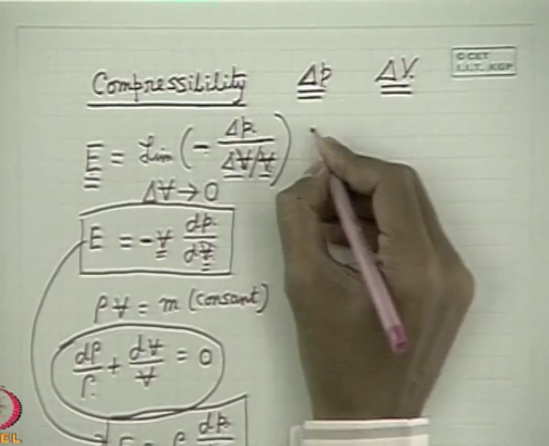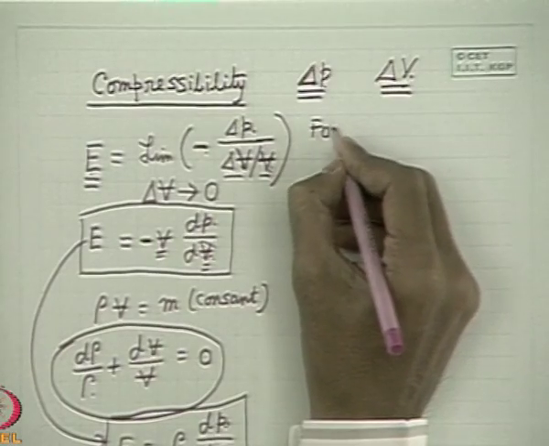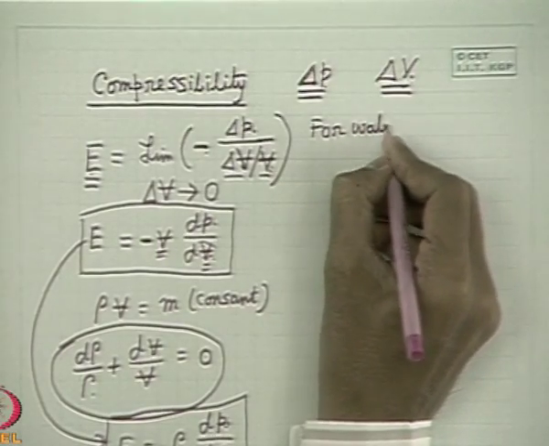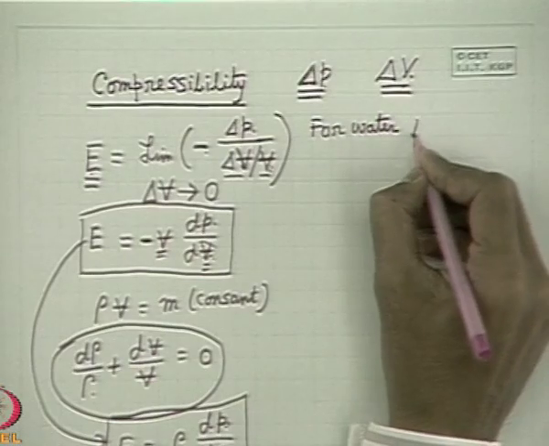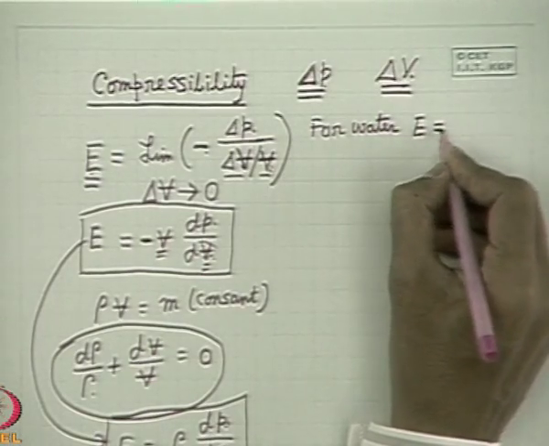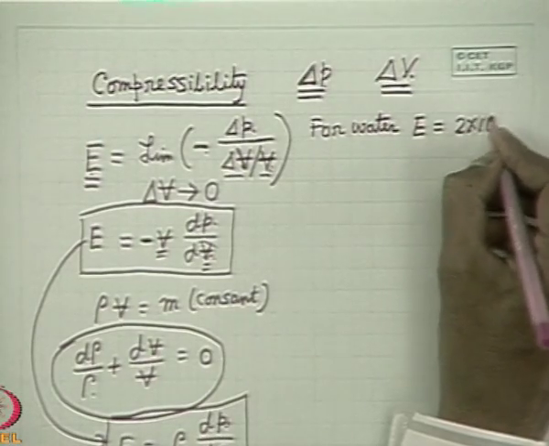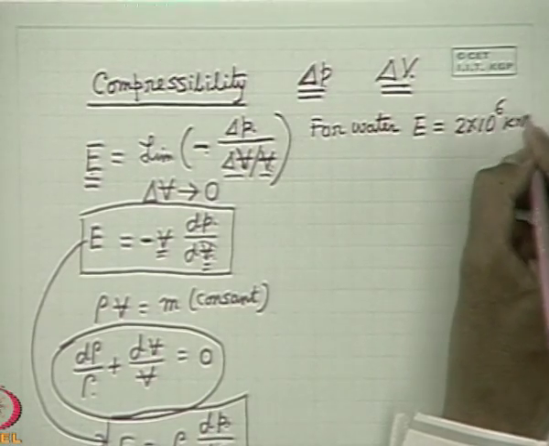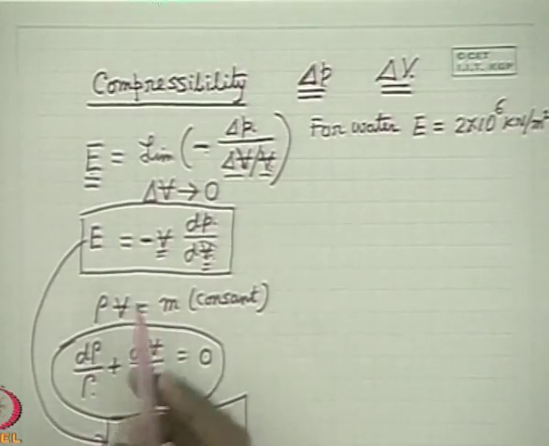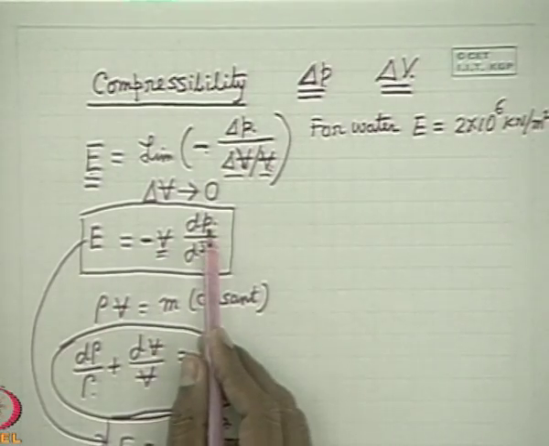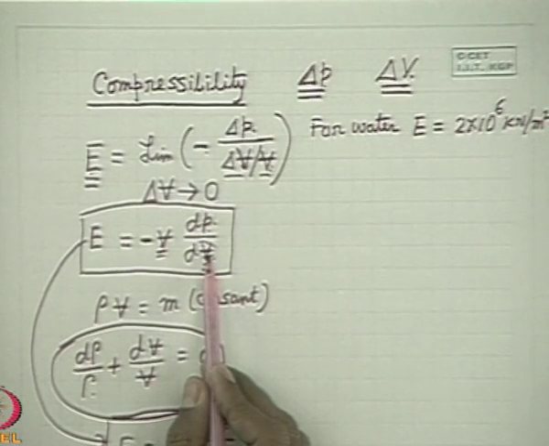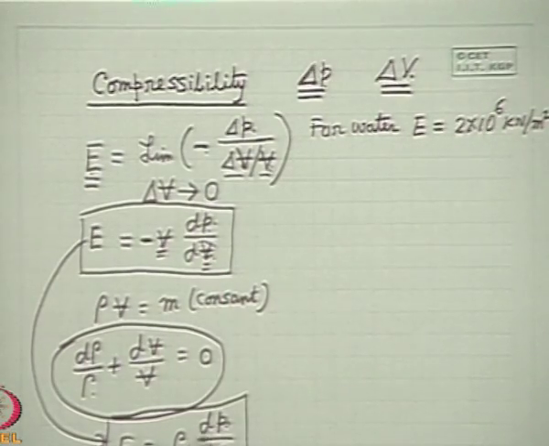An example I give for water: the value of E, which is almost constant with pressure and temperature, is 2 into 10 to the power 6 kilonewton per meter square. The unit of E is that of pressure, because V by dV cancels. Here also, rho dP by d rho, so the unit is that of pressure.